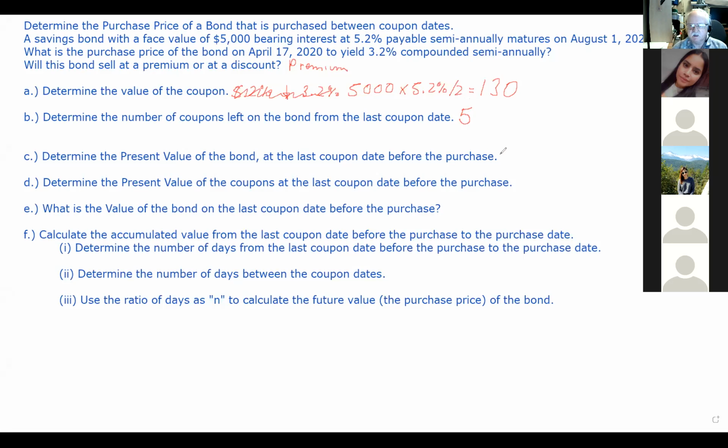So this is the calculation we did, the present value equals 5,000 (1 + i)^-5, and this is at the market rate, 3.2% divided by 2.